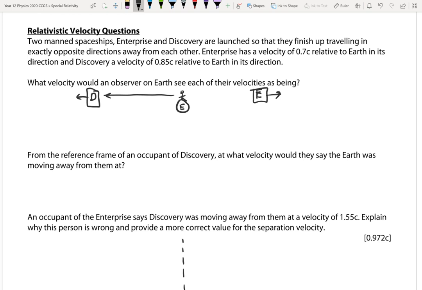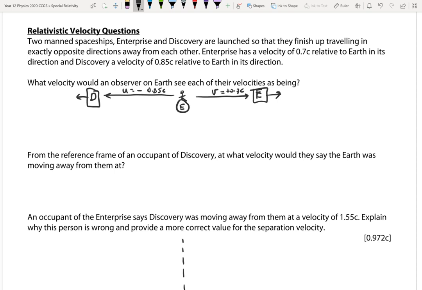Now, again, you've got u equals, and I just decided that Discovery is now u. That's 1 measurement, and it's going to be negative 0.85c. Then this one becomes v, which is plus 0.7c. Now we want... Oh, that's a stupid question.